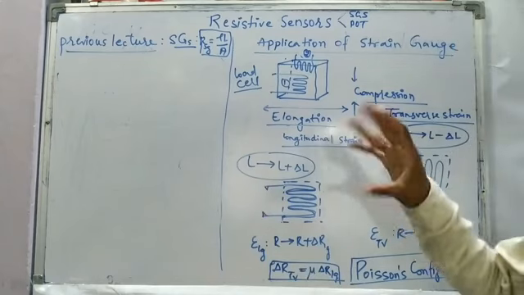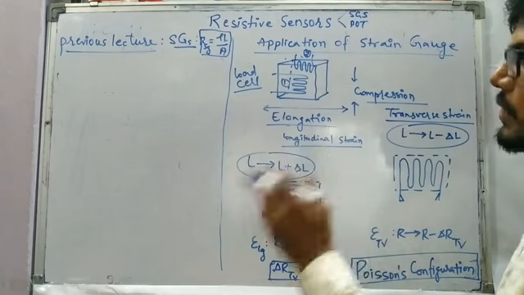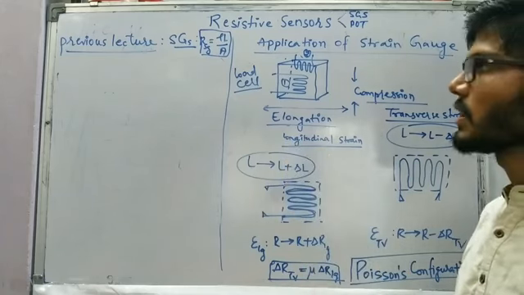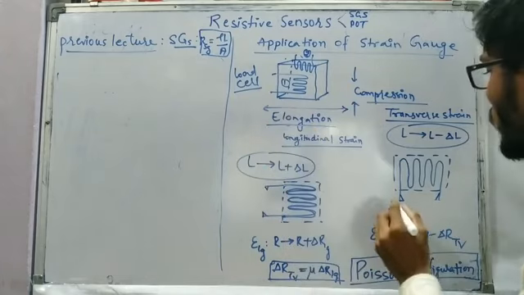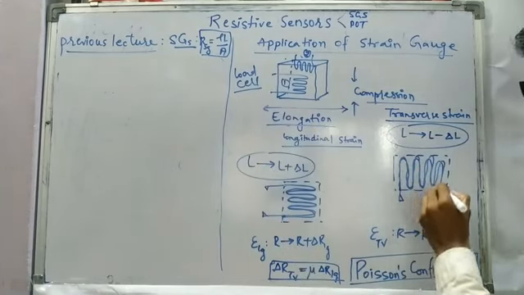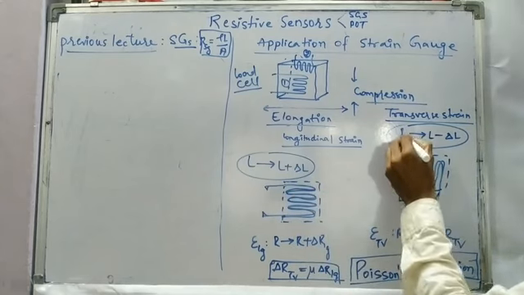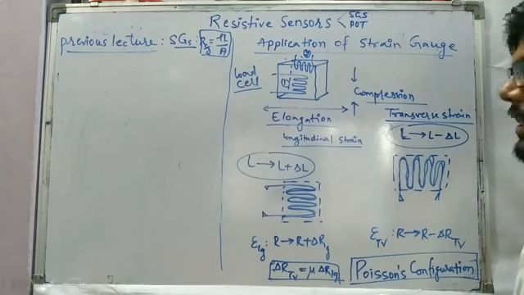In the case of vertical strain, we are not going to have the effect of change in the diameter. Instead, we are going to use another strain gauge, which is going to have the same complete length L as the horizontal strain gauge. But as this is going to feel the compression, the length will vary as L minus delta L.